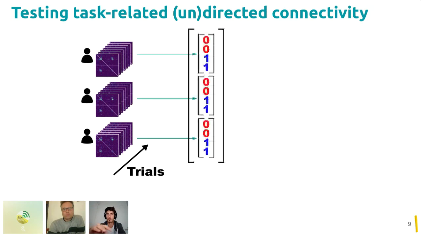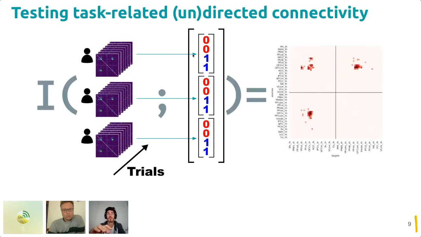If you have, for example, a discrete vector of conditions, with condition A and condition B, you can compute the mutual information between your undirected connectivity array and your vector of conditions, and see if there are task-related differences in connectivity between the two conditions.